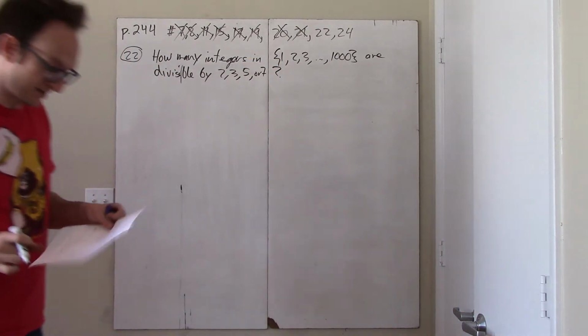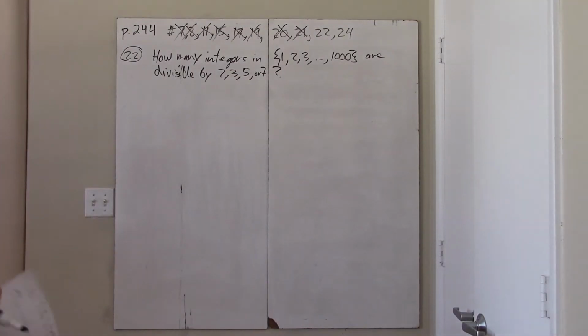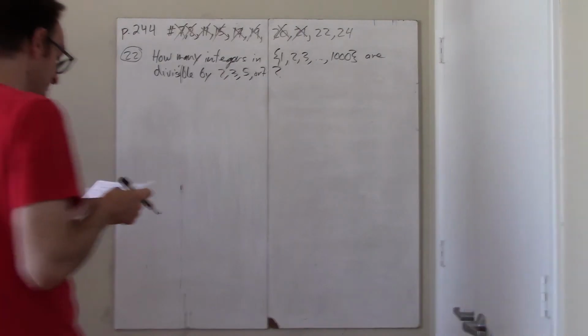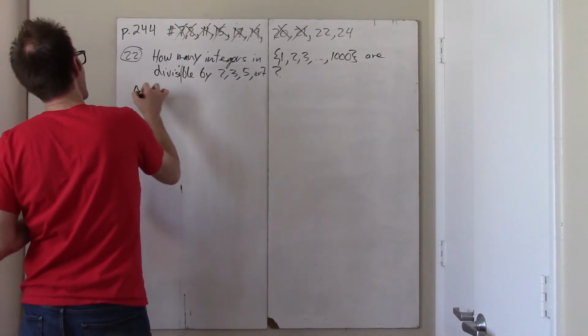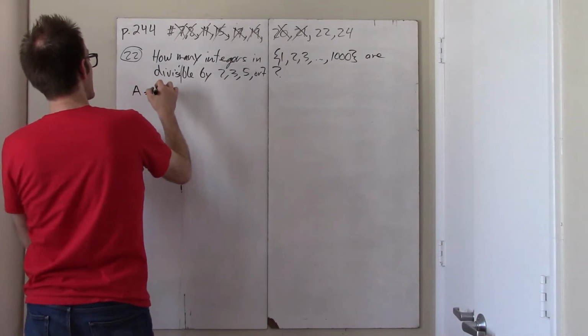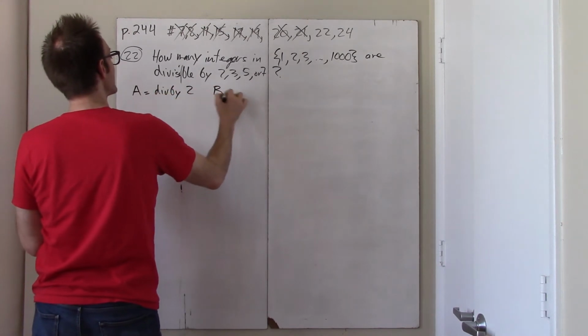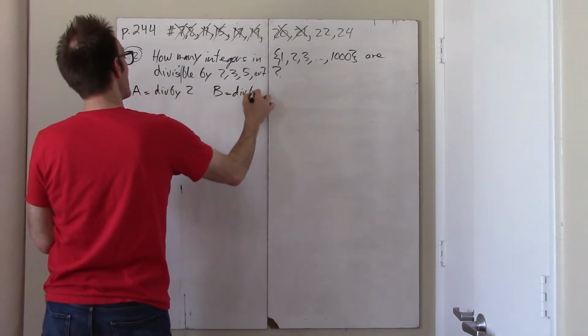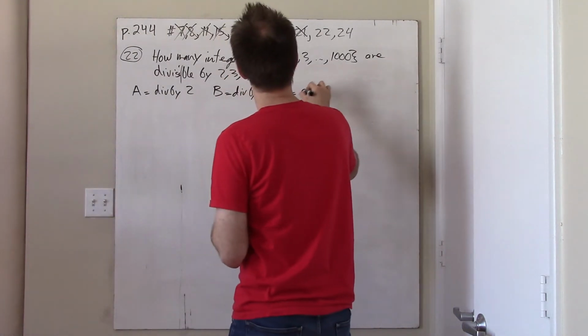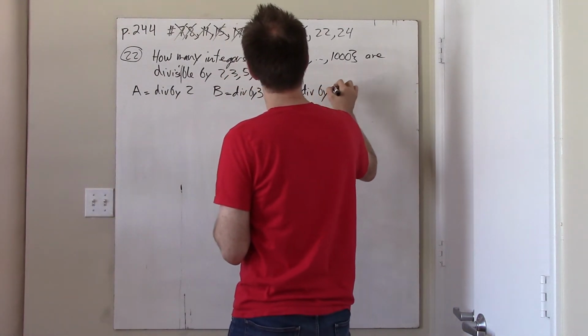Alright, this problem's kind of a tedium, but it would be sad if we got to this unit and we never did inclusion exclusion with 4 sets. So the time to do that is now. Let A be the set of all numbers that are divisible by 2. Let B be the set of numbers divisible by 3. Let C be the set of numbers divisible by 5.